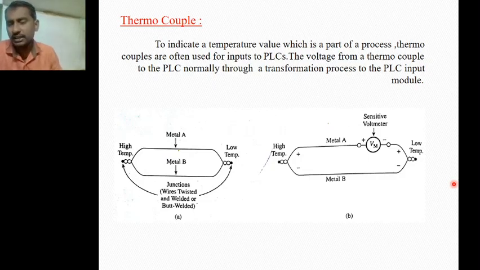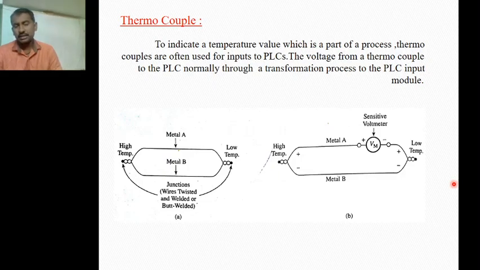So how can we construct a thermocouple? For constructing a thermocouple, we simply consider two dissimilar metals, say iron and nickel or iron and zinc, and join both of the metals.